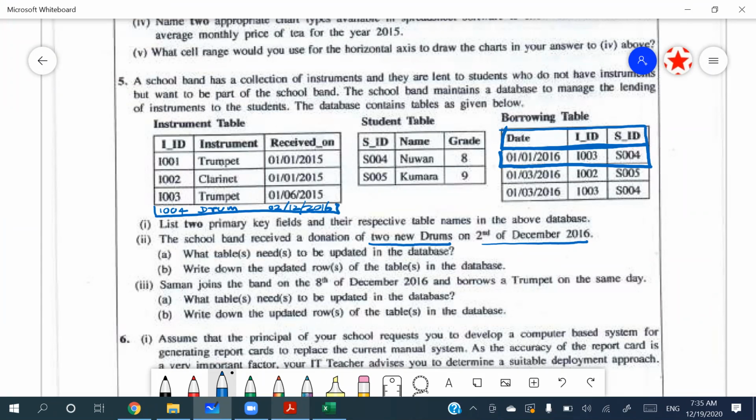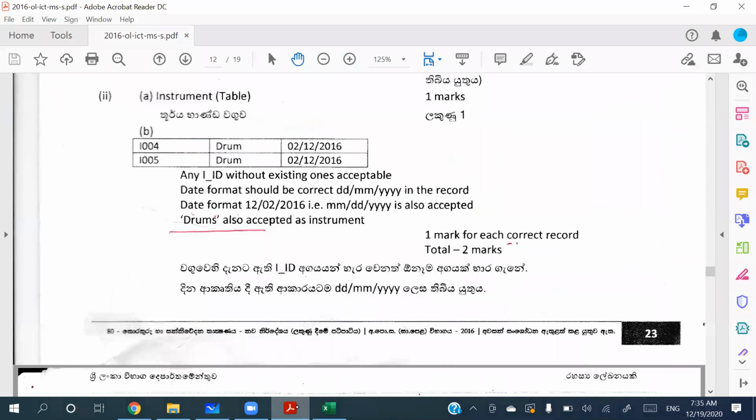That's a very tricky point, but you should capture that. In the marking scheme, they have given 1 mark for identifying the table and 1 mark for each record, 2 marks altogether for the B part. So what I need you to do the most is learn the places where you can lose marks. Be very conscious when you are doing these things.